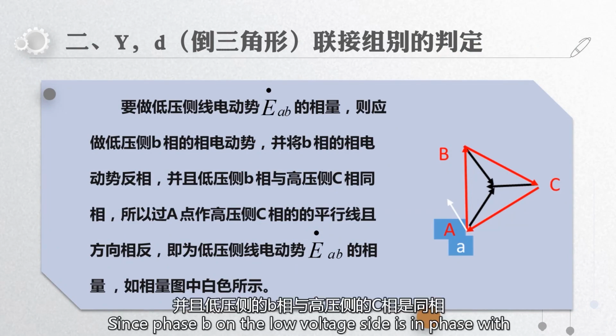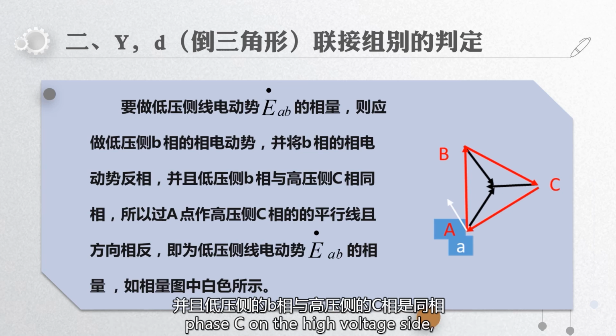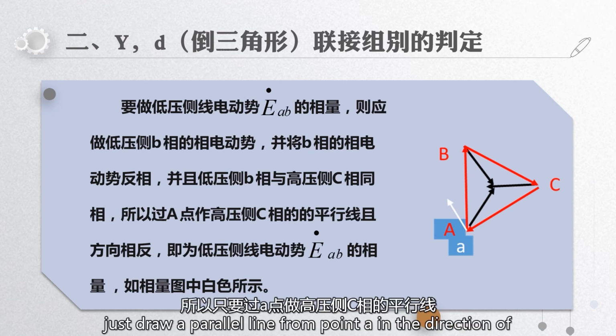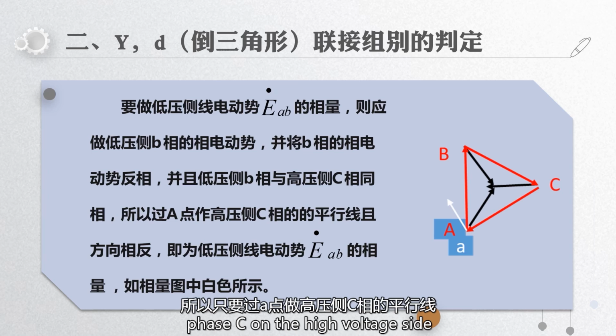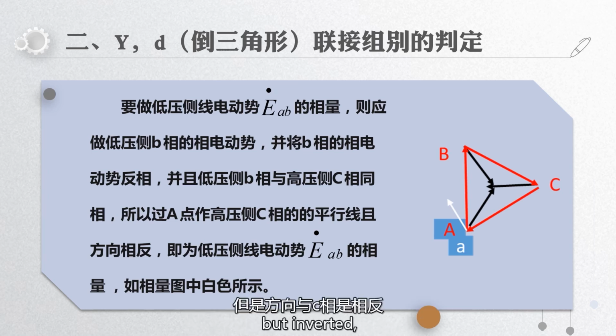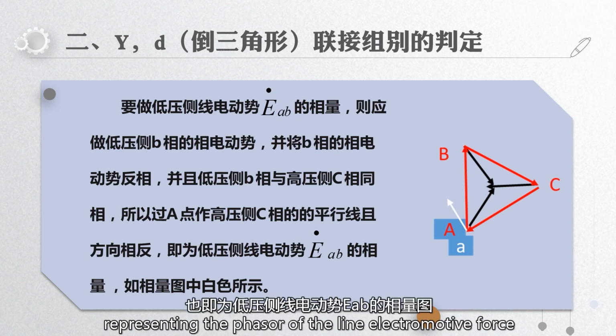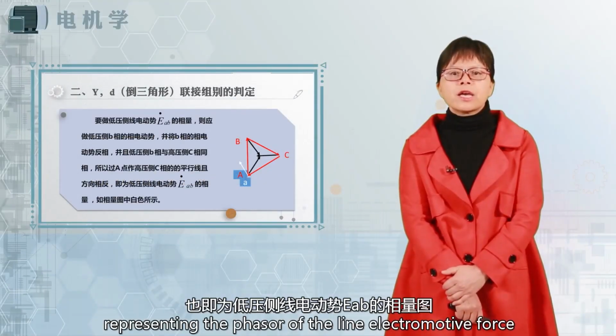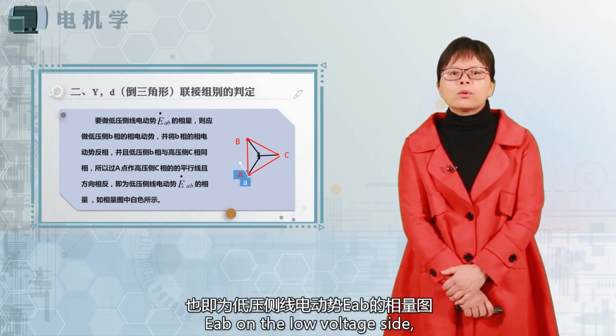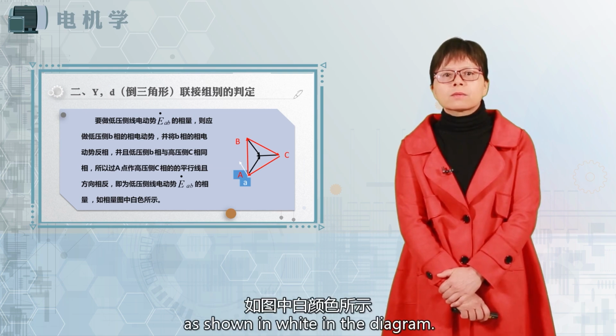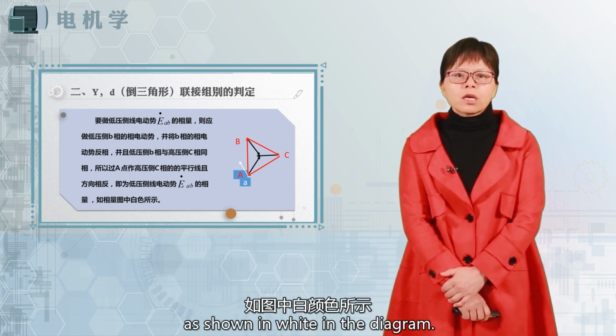Since phase B on the low voltage side is in phase with phase C on the high voltage side, just draw a parallel line from point A in the direction of phase C on the high voltage side, but inverted, representing the phasor of the line electromotive force EAB on the low voltage side, as shown in white in the diagram.